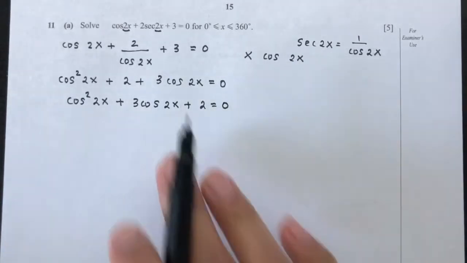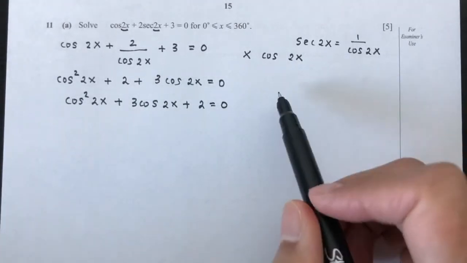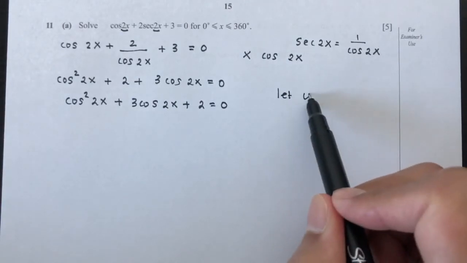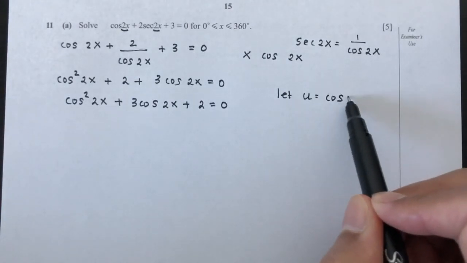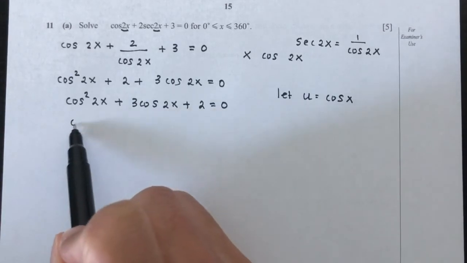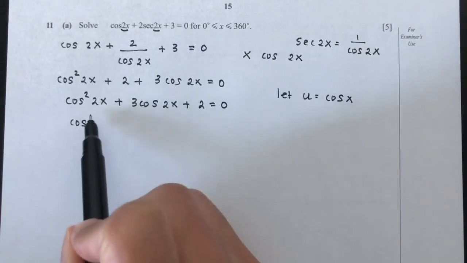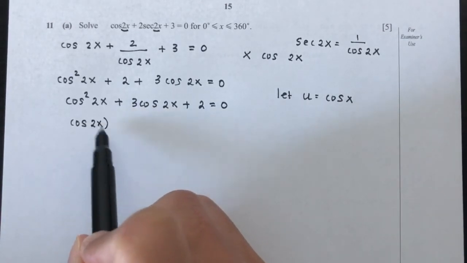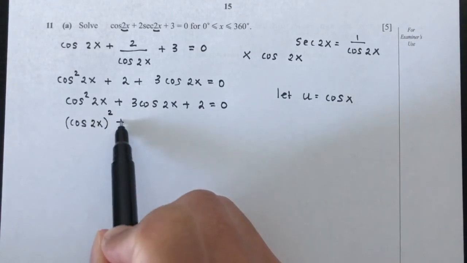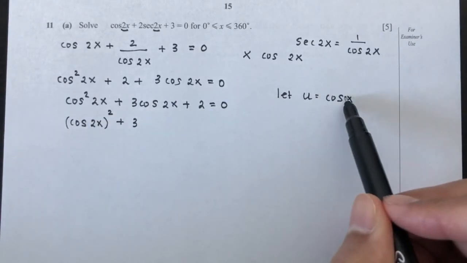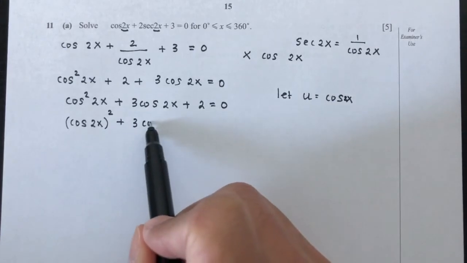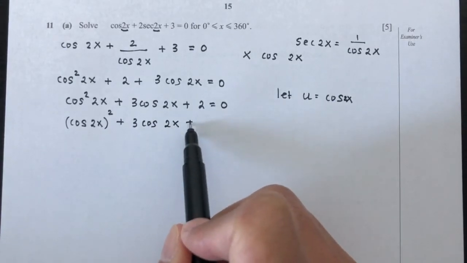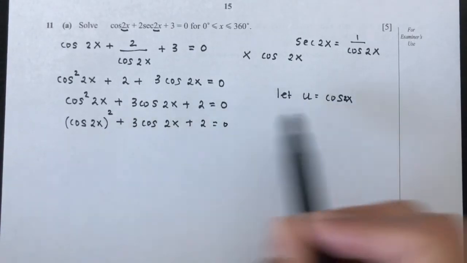Now if this is hard for you to work with, you can let u equal to cos 2x. So this is basically cos 2x square plus 3, sorry, cos 2x, not cos x, plus 2 equal to 0. Now we can simplify.